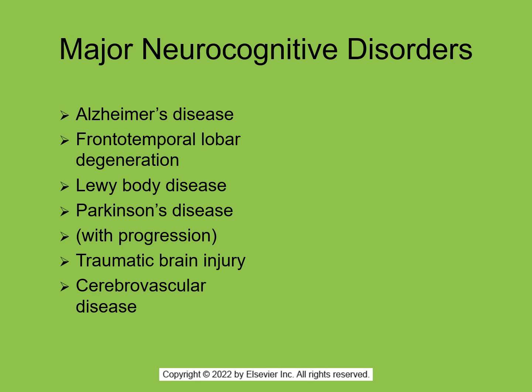These are some major neurocognitive disorders here. When it becomes major, it gets progressively worse. Alzheimer's is an example of one of your major disorders. It is the most common cause of dementia.